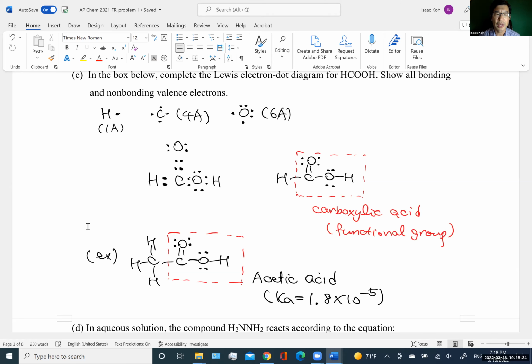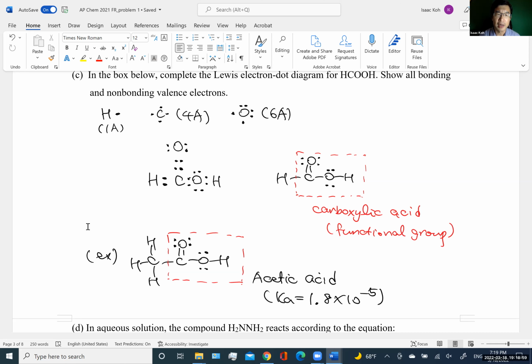Let's see an example. I drew the structure of acetic acid, CH3COOH. The COOH functional group is, again, a carboxylic acid. That's why acetic acid is another weak acid. We have many examples of carboxylic acids, a very useful functional group in general chemistry, organic chemistry, and biochemistry.